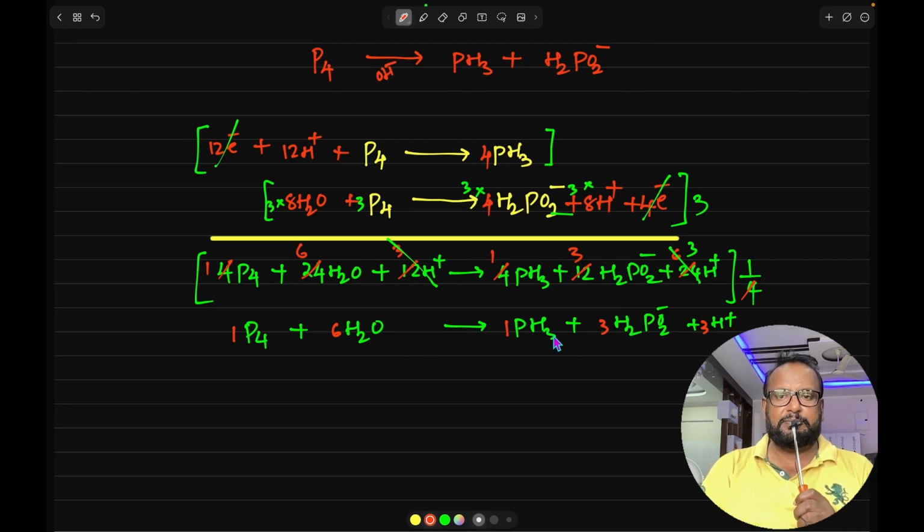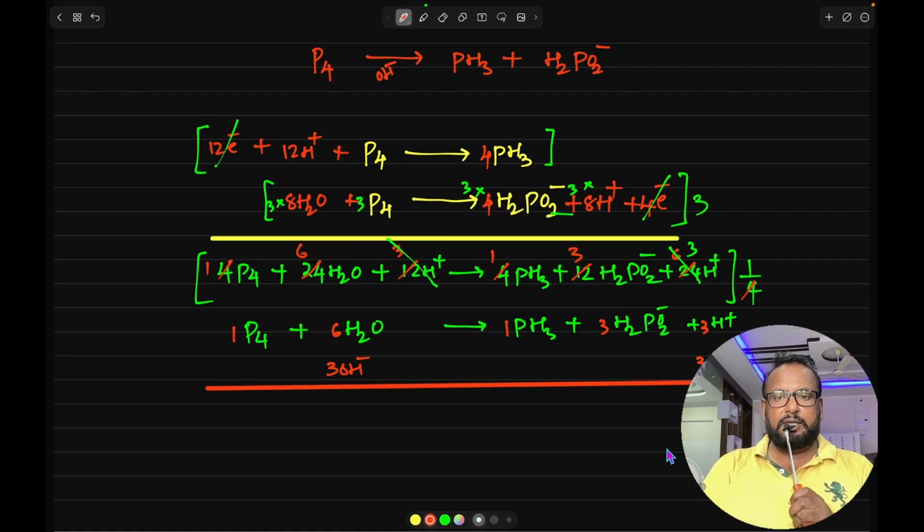Therefore, I'll change the medium by adding 3 OH- ions on both the sides. So which gives me a final reaction where we don't find any H+ ions. So this gives me 3H2O here. 3H+ and 3OH- gives that.